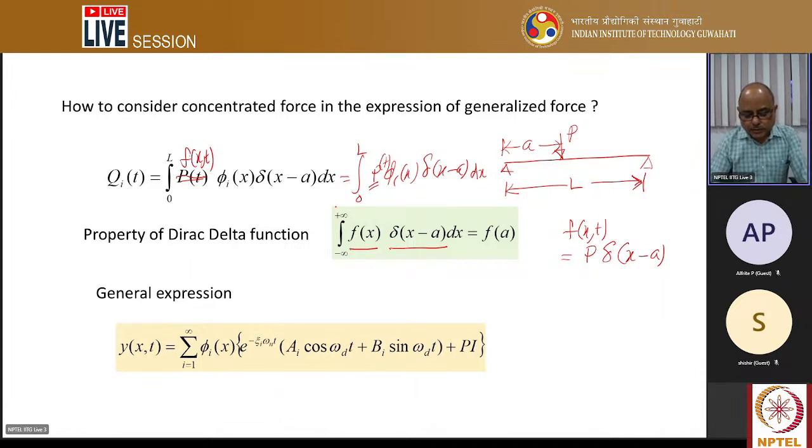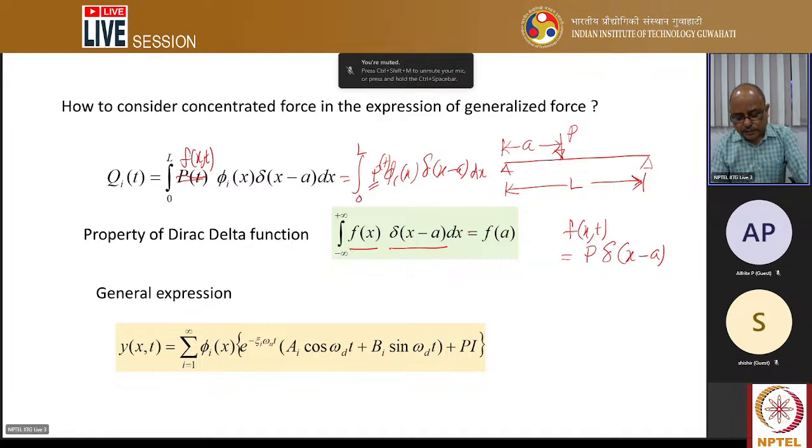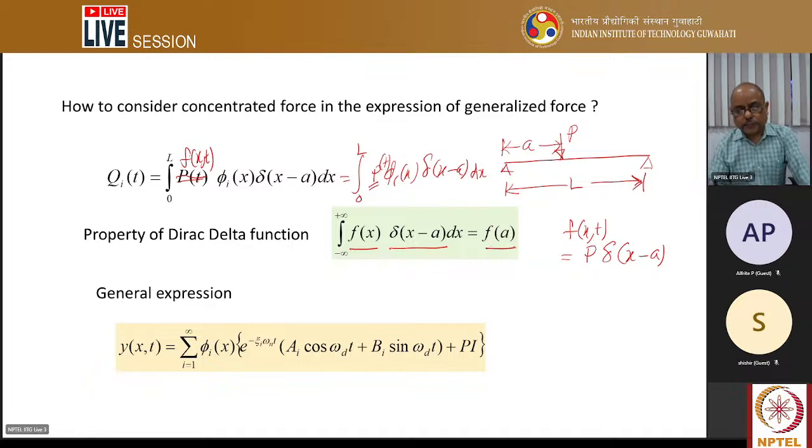The integration is nothing but the value of the function at the point where the Dirac delta function is defined. So the integral of f(x) delta(x minus a) dx between any limits will be only the function evaluated at a. That is a very simple property.